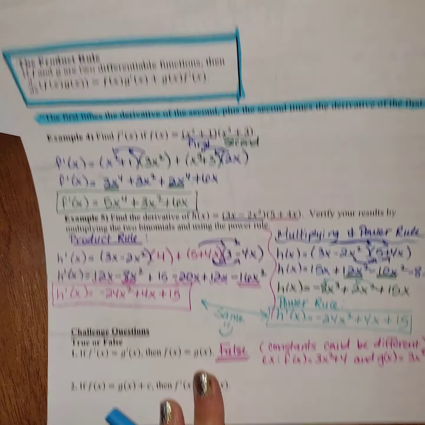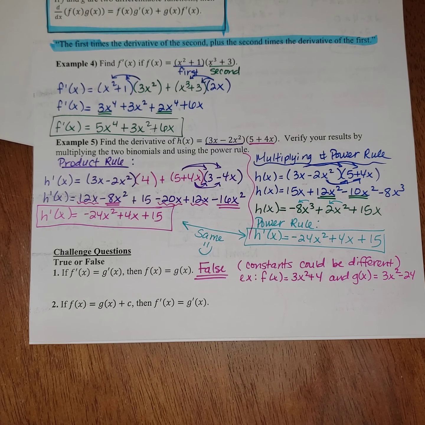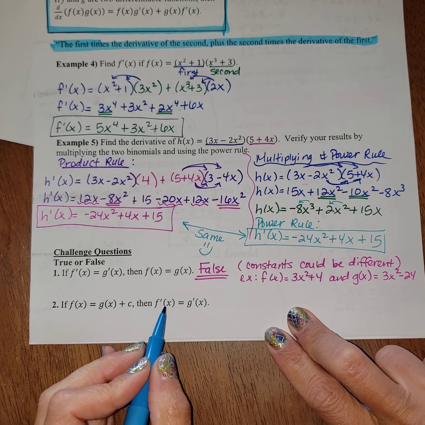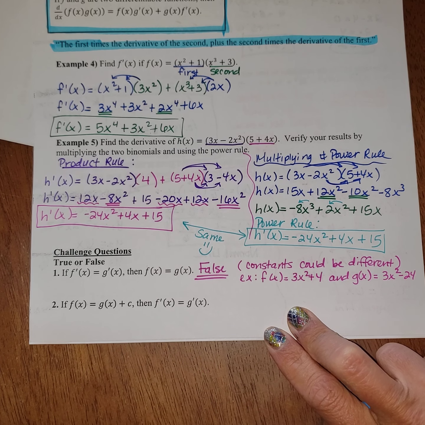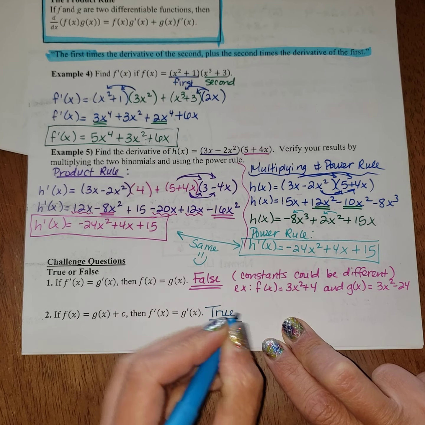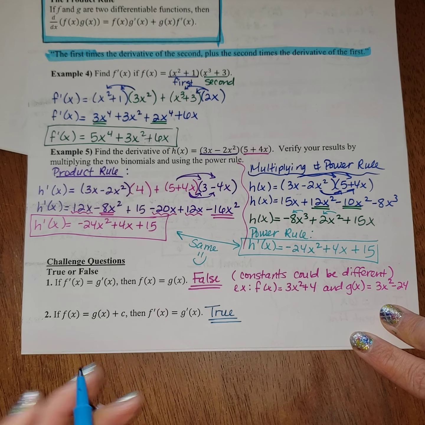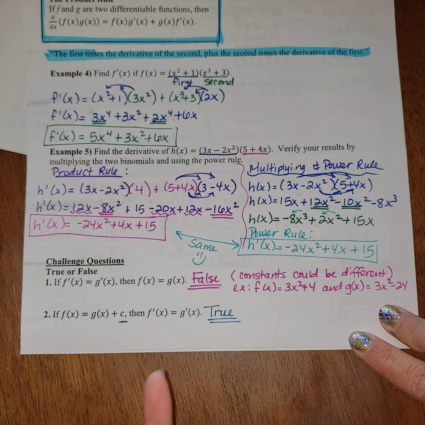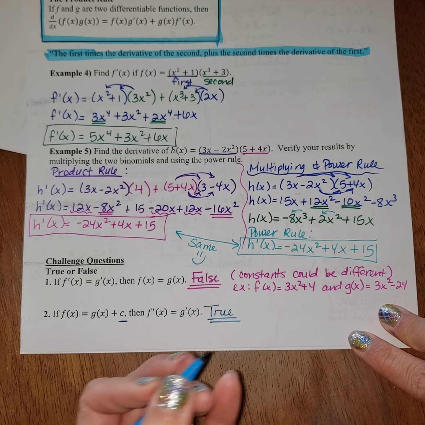Number 2, if f of x equals g of x plus a constant, then the derivative of f equals the derivative of g. Is this one true or false? It is actually true. Want to know why? Constants don't matter. The derivative of a constant is 0, so it's not going to affect anything.